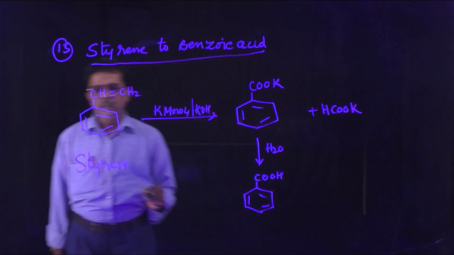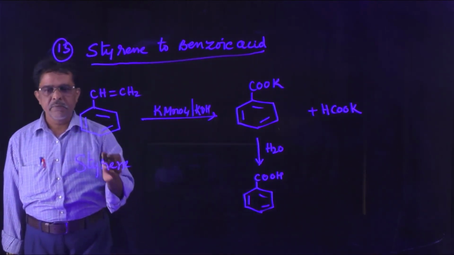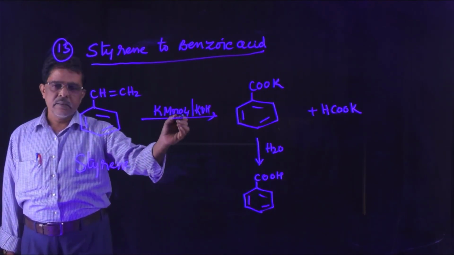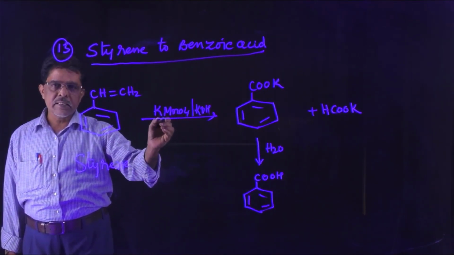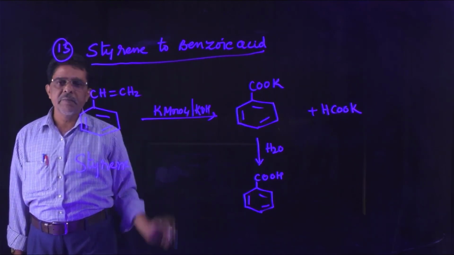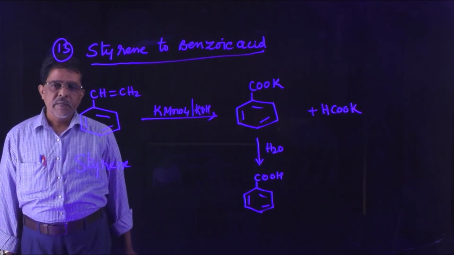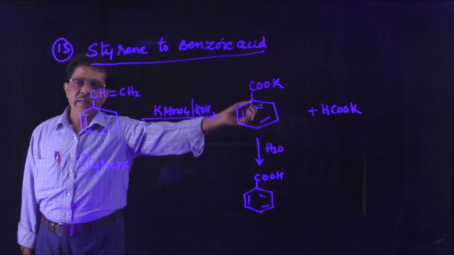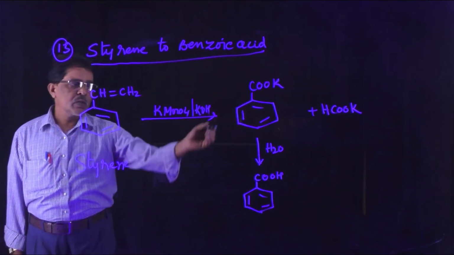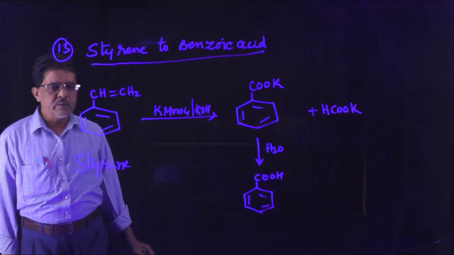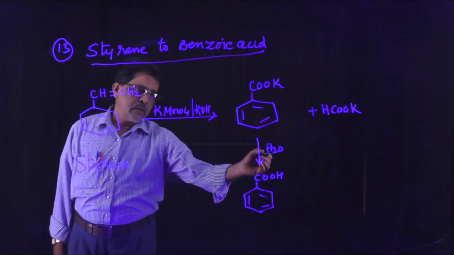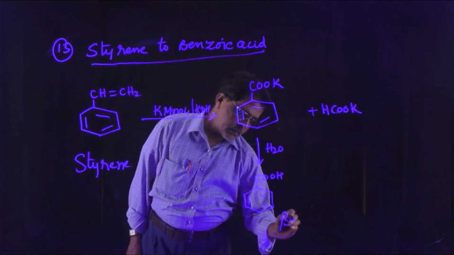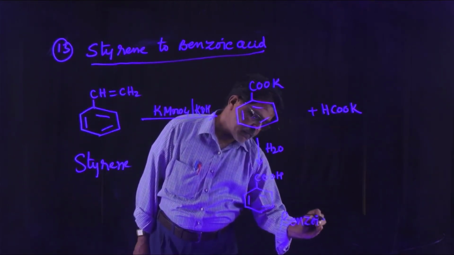Styrene is first of all oxidized with a strong oxidizing agent, by means of potassium hydroxide, that is the basic medium. Then you will get potassium benzoate and potassium formate. This potassium benzoate is subjected to hydrolysis. Then you will get benzoic acid. Benzoic acid is obtained.